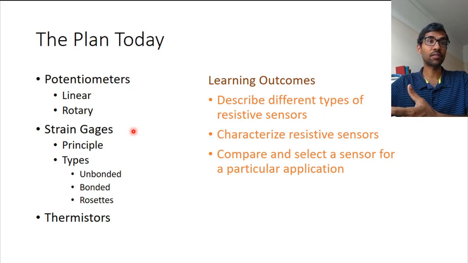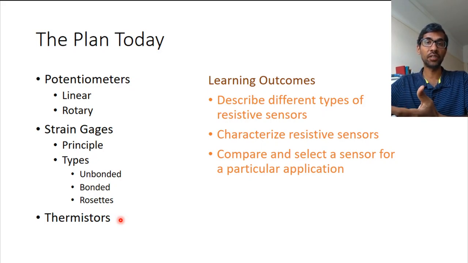We'll look at types of sensors, and we'll look at the principle of strain gauges. And then we'll look at a special sensor called a thermistor, which measures temperature and responds with a change in resistance. We will also be looking at some characterization of the thermistors in the lab portion of this module.